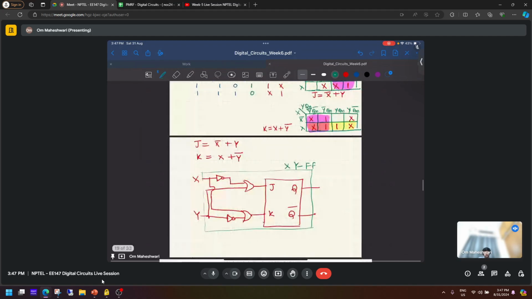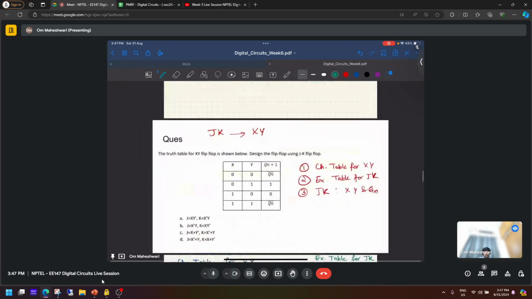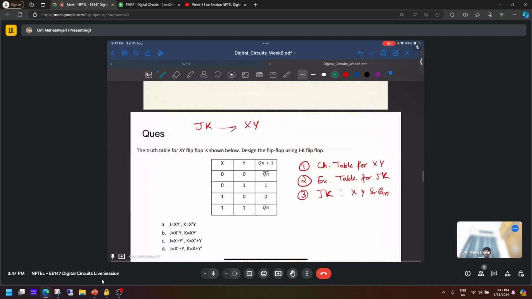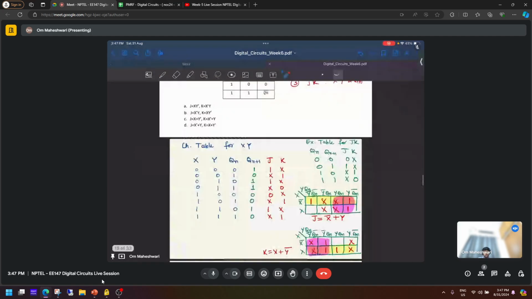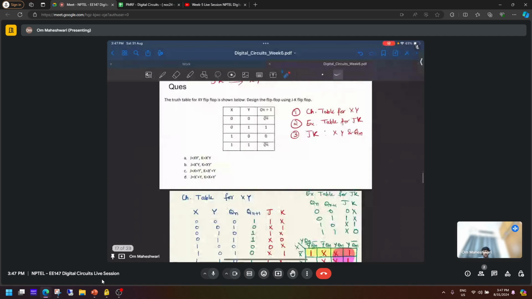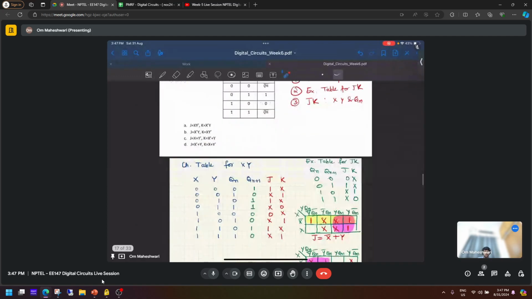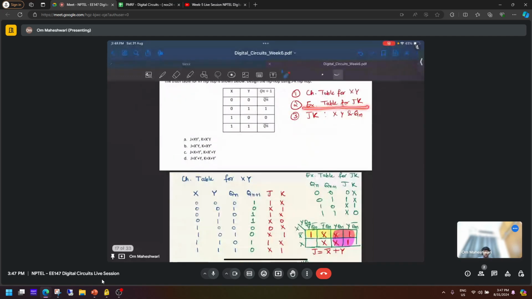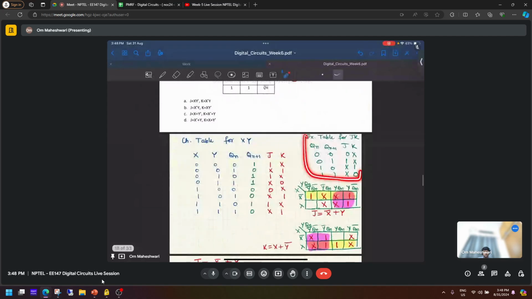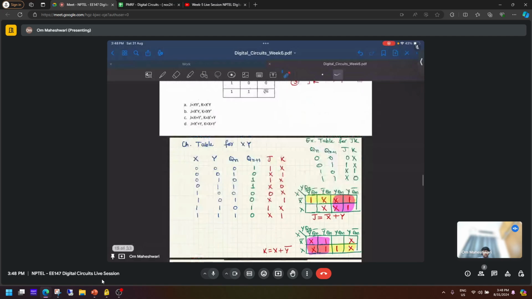So we learned a few things here. First is this XY flip-flop is not something that we know already. So with the truth table, we easily formed the characteristic table for XY, and then we did the flip-flop conversion using the same three steps which we have used previously. First, we write the characteristic table for XY, which is this. Then we write the excitation table for XY, excitation table for JK flip-flop, and then we write J and K here.